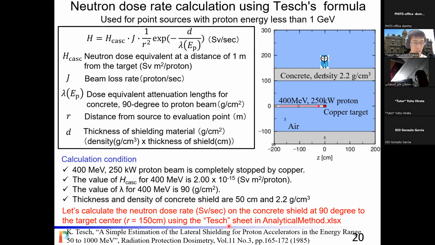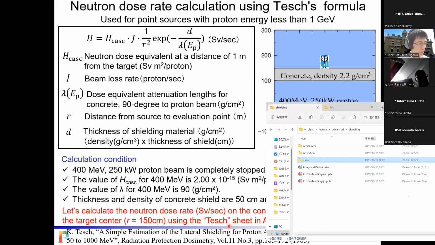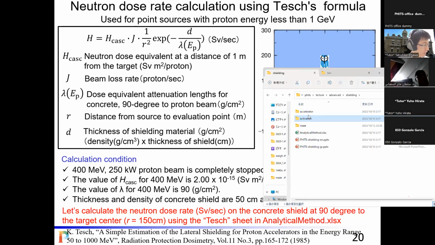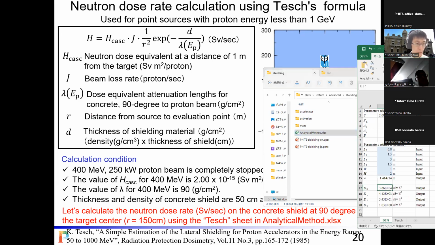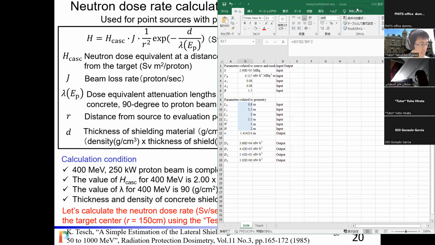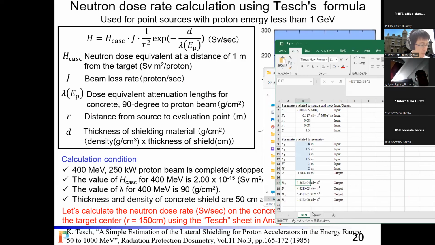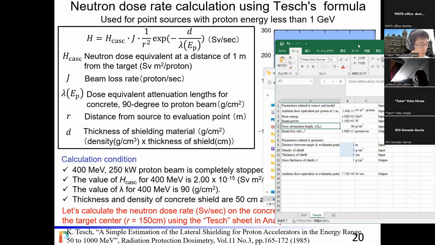To calculate the dose rate using the analytical formula, let's move on to the same spreadsheet, but a different sheet of the spreadsheet.